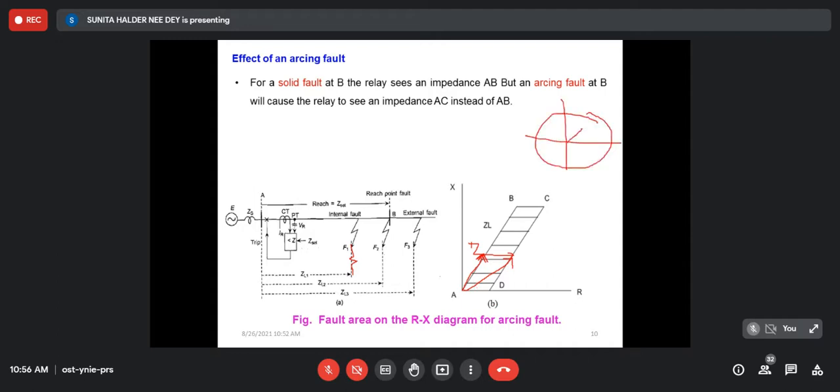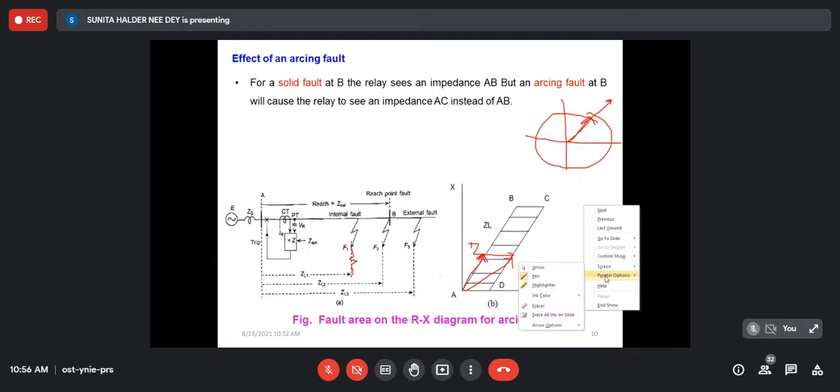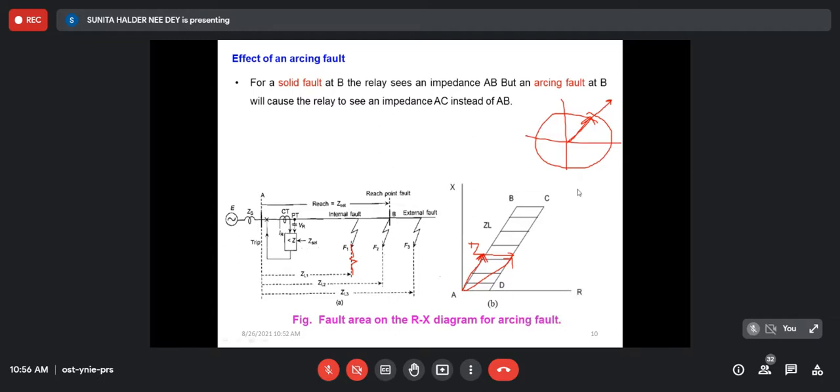So if this is the relay reach point, due to this arcing fault, though it is a faulty condition, the relay will see it as being in the restraining zone. So the relay will not operate. So during arcing fault, depending on the arcing, the relay may not operate. So the relay may be underreached. The fault for which it should operate, it is not operating. So it is underreached, right?